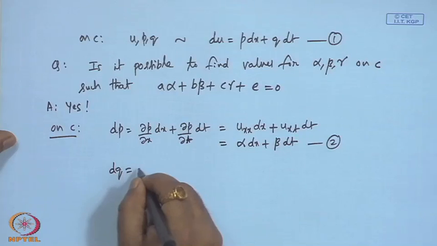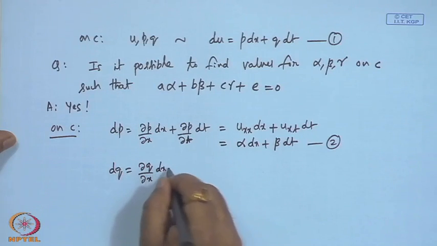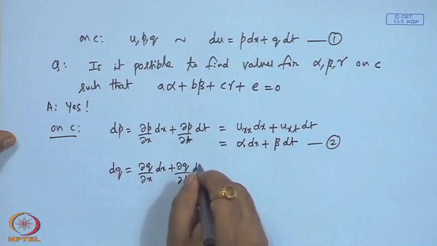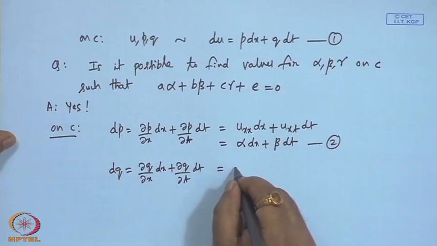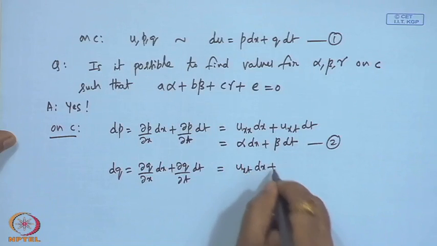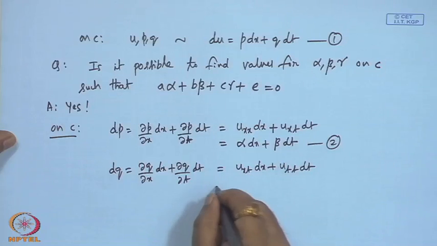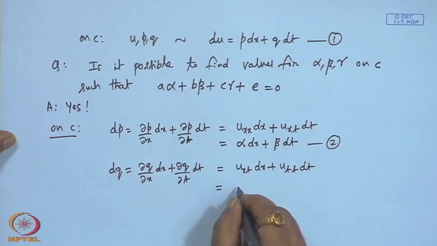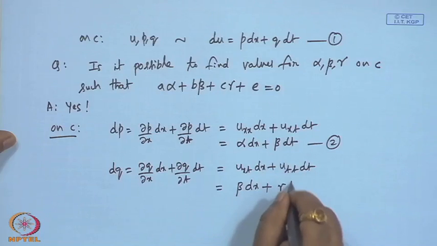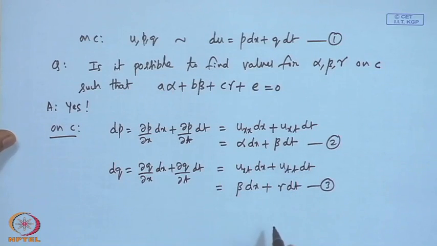Then dq, so this would be u x t dx plus u t t dt. So, this is equals to beta dx plus gamma dt.